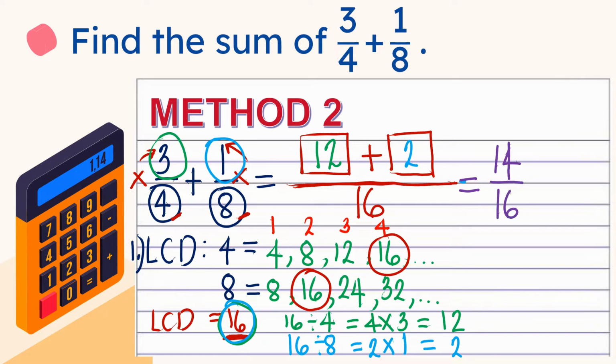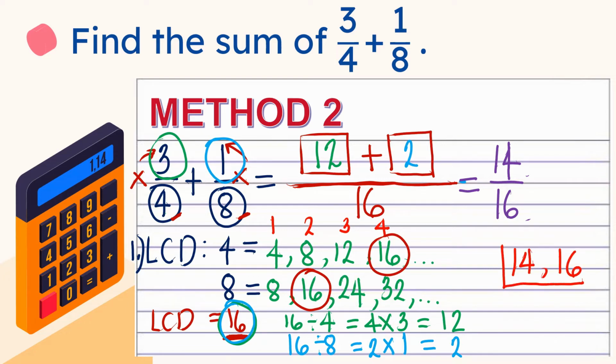Is that already your final answer? No, not yet. You see, you have here 14 and 16. And you know pretty well that 14 is divisible by 2 and 16 is divisible by 2 also. So let's apply the continuous method in finding the lowest term. So 14 and 16.